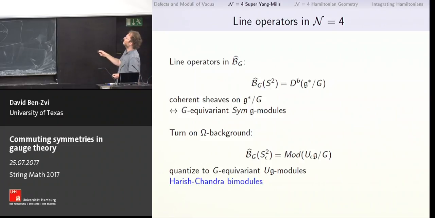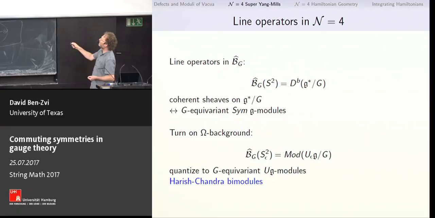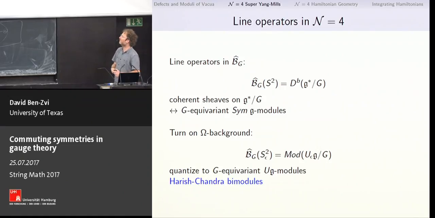So I'm taking G dual, I'm not doing mod mod. I'm literally taking the space G dual, and I'm doing G-equivariant geometry on G dual. And if I look at coherent sheaves on here, that's what the Tataki category is.